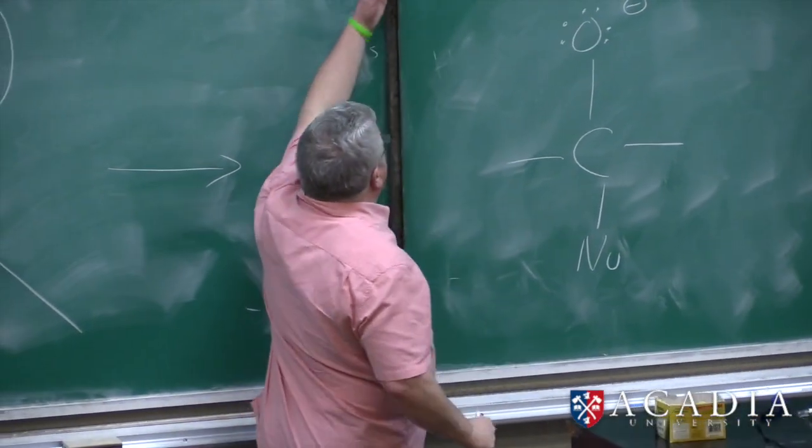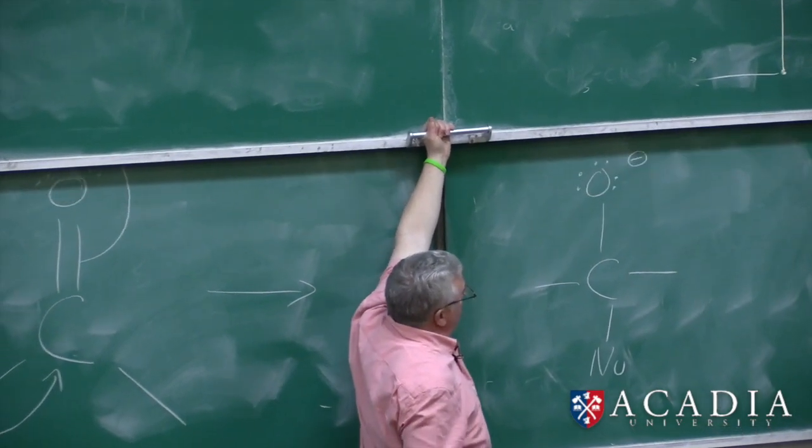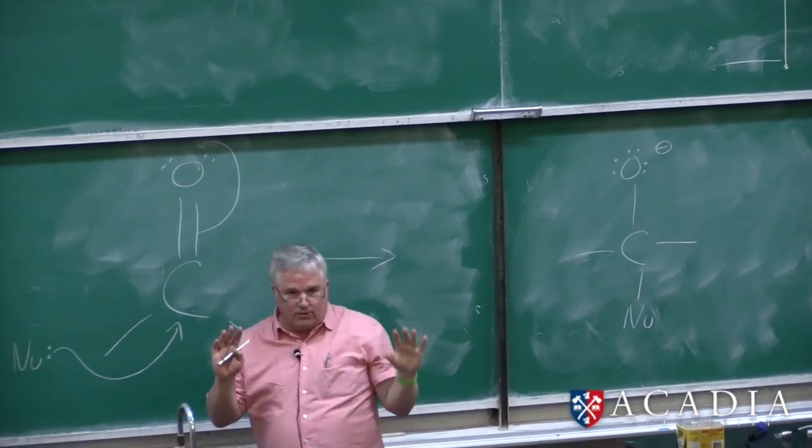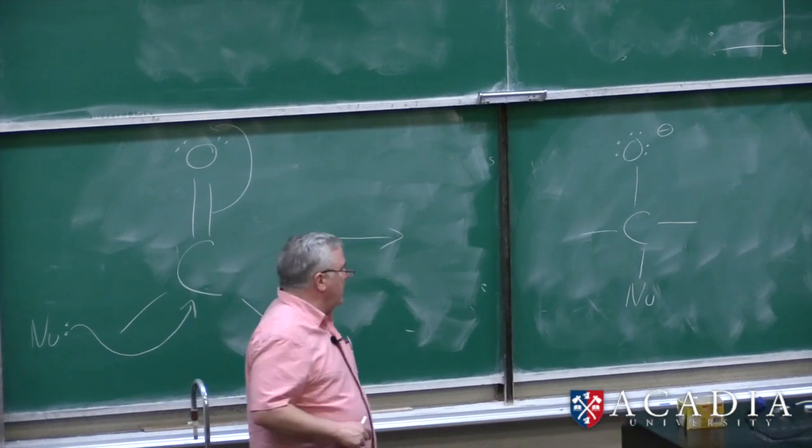Okay, so that's kind of the central theme that we're going to want to think about in terms of the reactivity of the carbonyl group that we'll be discussing over the next little while.